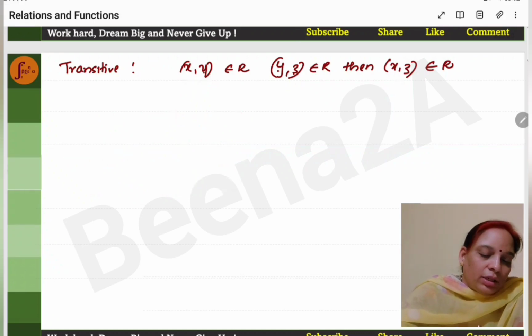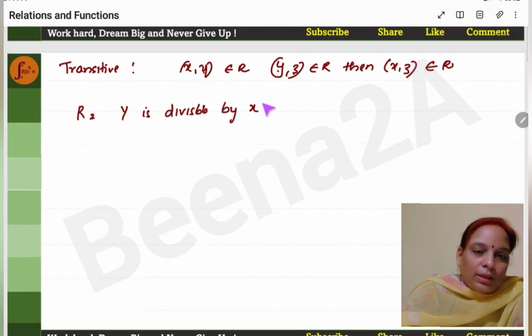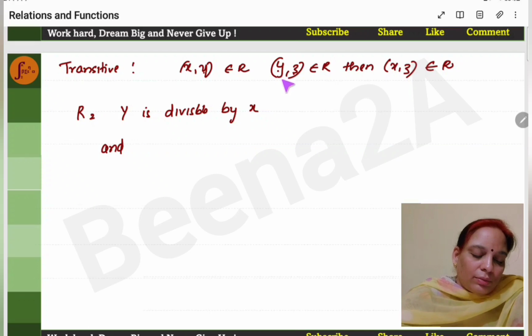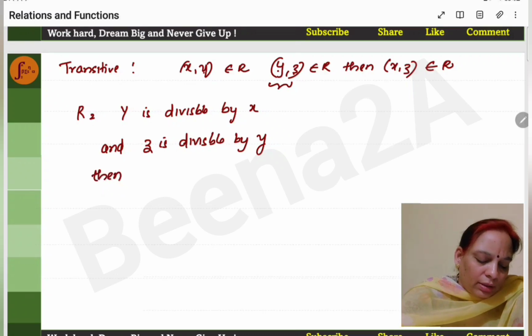Now what is the relation here? Relation is y is divisible by x. If y is divisible by x and what is the second case? z is divisible by y, then what is this combination? (x, z).